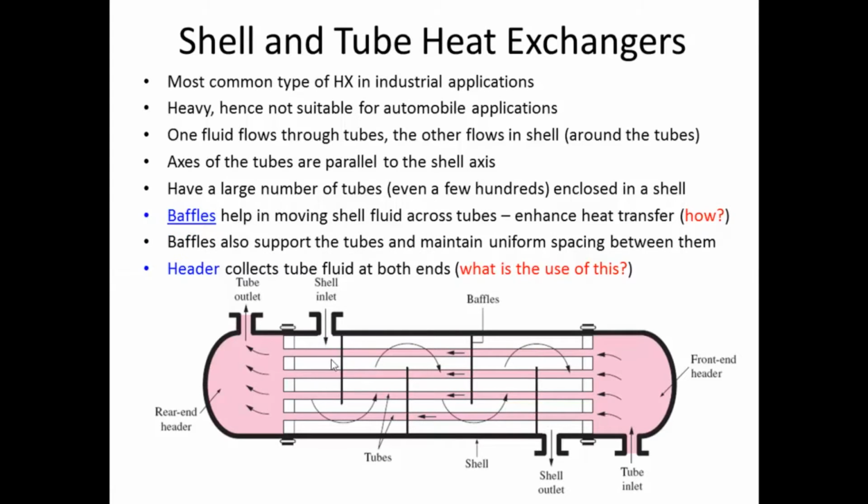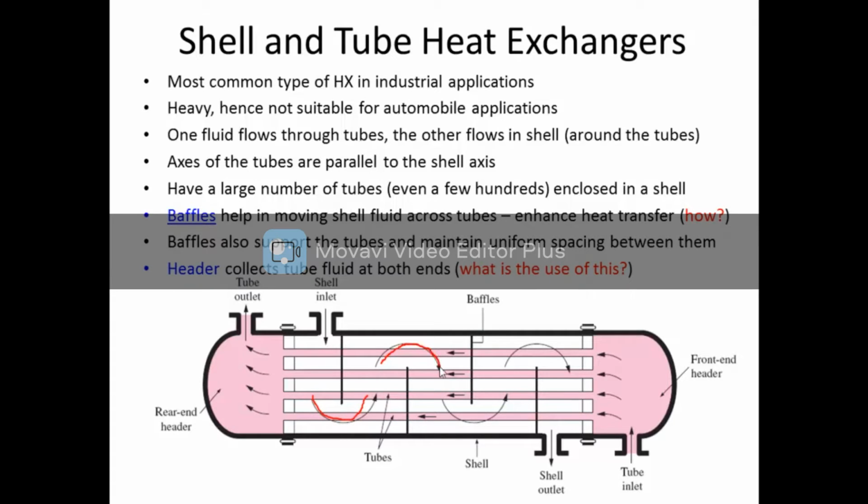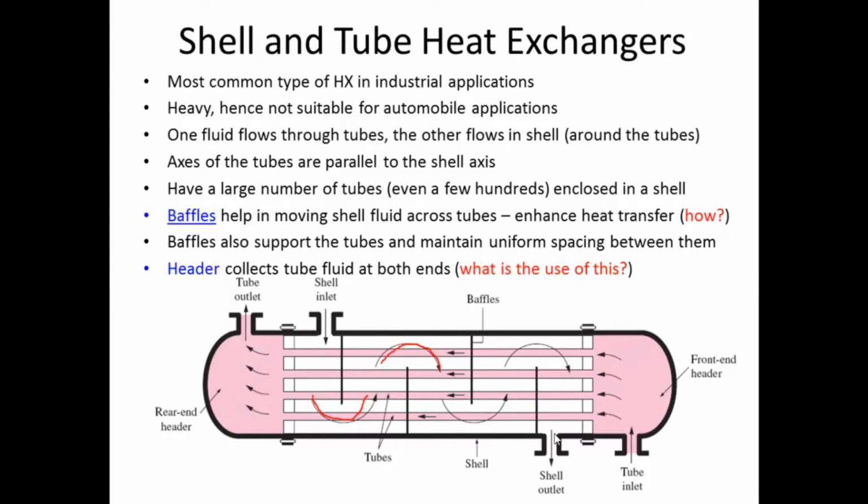But we can see that the baffles prevent a direct flow of the shell fluid. Instead, it takes a more circuitous route like this, flows around the tubes, and finally it will come out here. So this improves the contact between the shell and the tube fluids, and therefore improves the heat transfer rate.